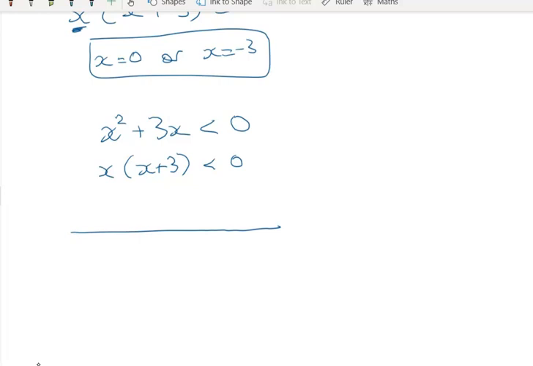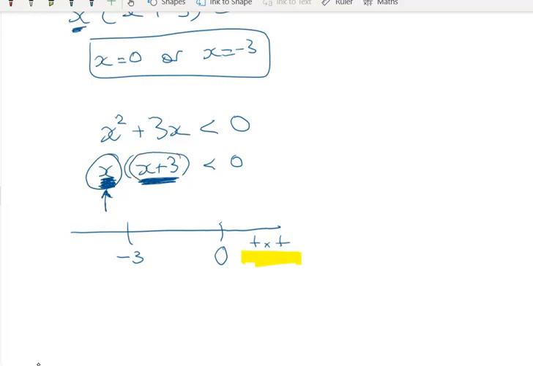But let's do our number line and look at what's happening. Our critical values are 0 and negative 3, right? They're the values that make this thing equal 0, and so things are going to happen with changing signs. So let's think about here, if we've got a number that is positive, like if I'm up here on my number line, then I've got a positive times a positive, right?